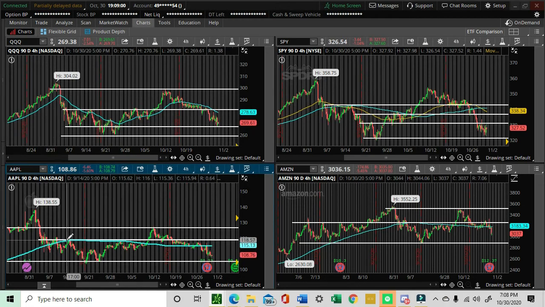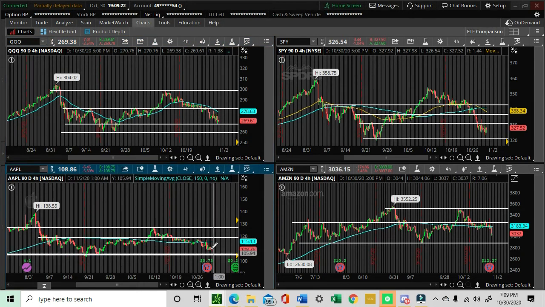Rallied up, pulled back down. You see, so pretty much mirrors itself. Look, hit a support, found a zone, hit a support, found a zone, rallied its way back up, created a peak, hit resistance. Same thing happened to QQQ. Traveled its way back down, hit that support. What did it do over here? It's looking to hit support again.